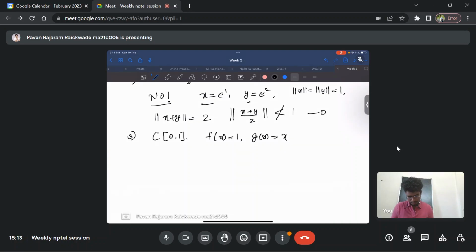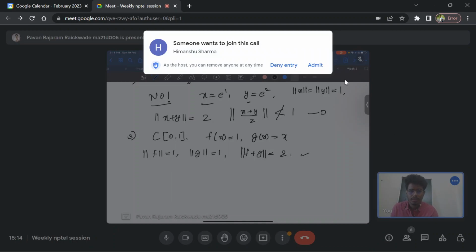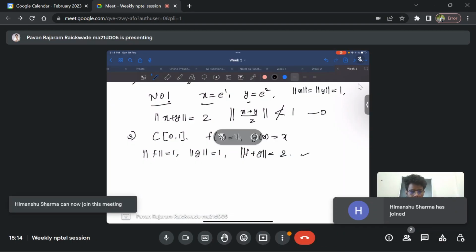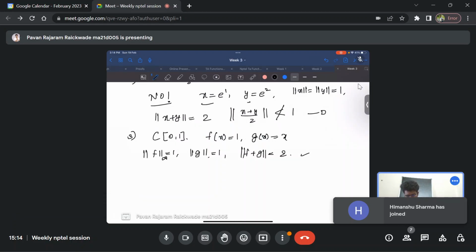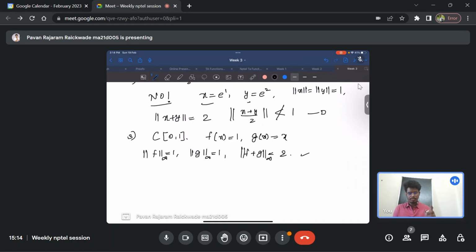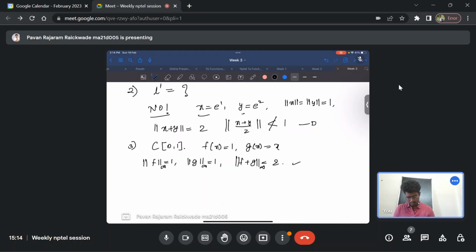Then norm of f is 1 and norm of g is also 1, and norm of f plus g is 2. So with the same mechanism, C[0,1] is not strictly convex. Here we are taking the infinity norm for everyone, which is the supremum norm. So C[0,1] is again not strictly convex.